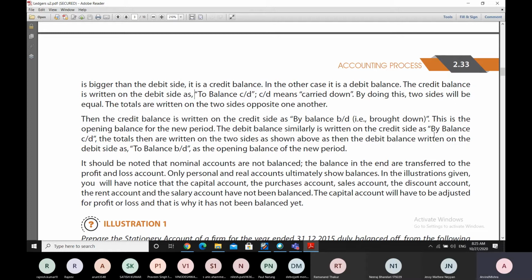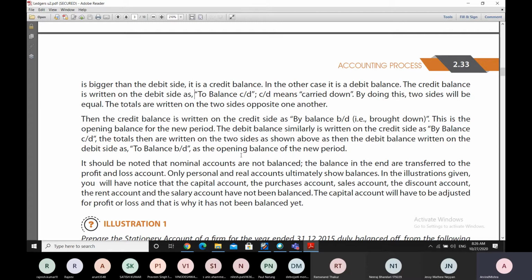Any entry made on the credit side will start with "By". Then the totals will become equal on both the sides. And if this debit balance is carried to the next page, it will be written on the debit side of the next page as "To balance brought down", and that will be the opening balance of the new period.